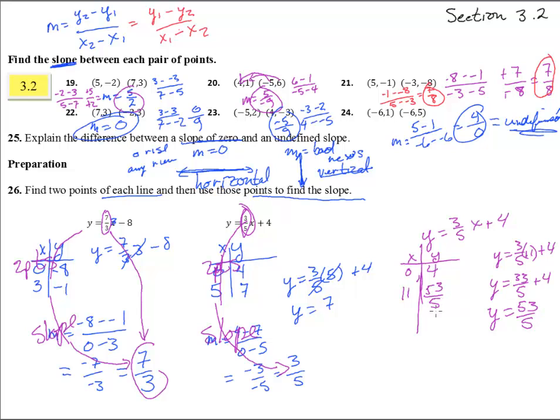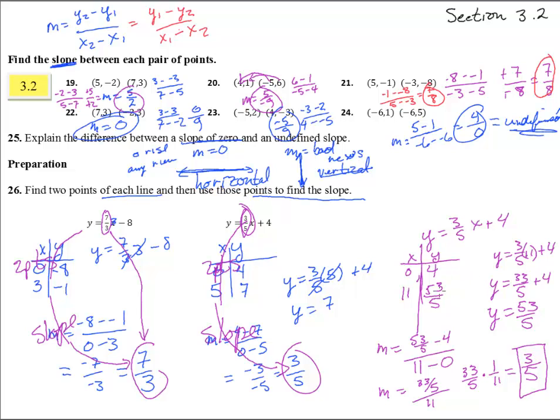Ooh, this is yucky. But watch this. The slope is 53/5 minus 4 over 11 minus 0. So if you subtract those, you get 33/5 over 11, which is 33/5 times 1/11 equals, and it is amazing. If you do that in your calculator, you come out to a 3/5. Look at this slope. It doesn't matter which 2 points you pick. It will always have the same steepness, and it will be that number right there.